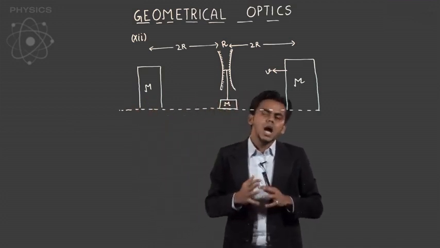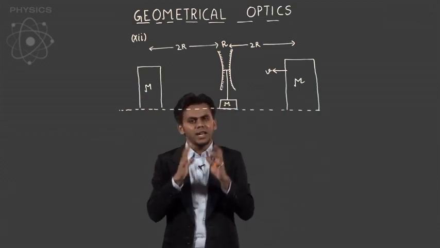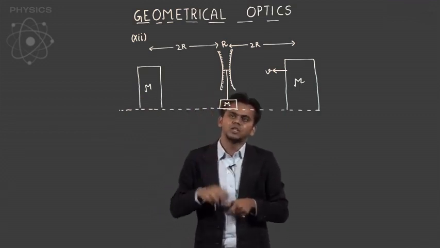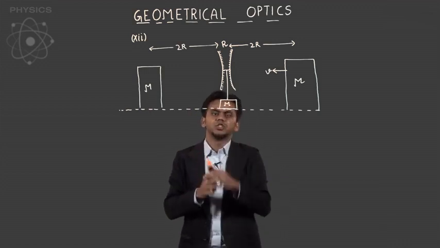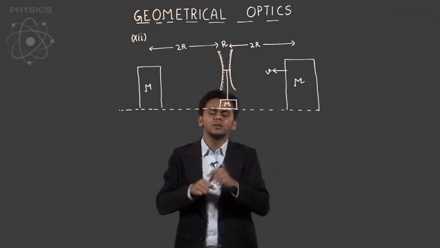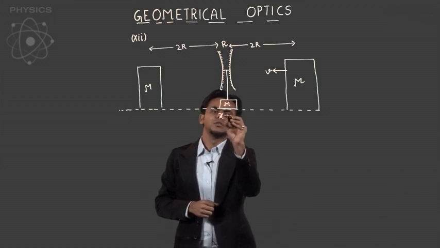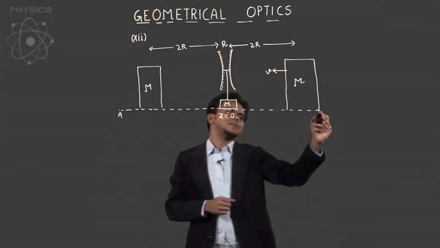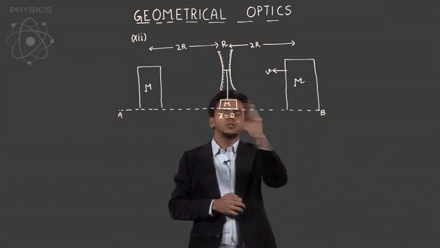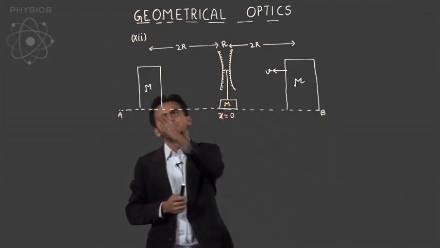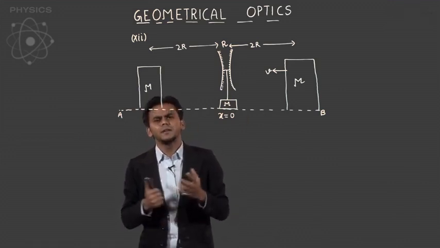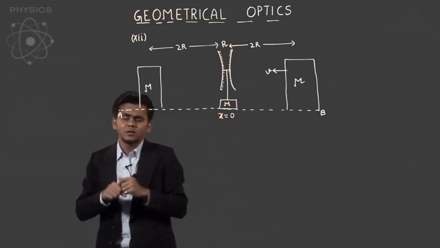You're being asked to find the location of the image with respect to the initial position of this arrangement. Put this equal to x equal to 0 and this line AB as your x-axis. Where would the image be formed of both these masses at three times? What instants of time are they?